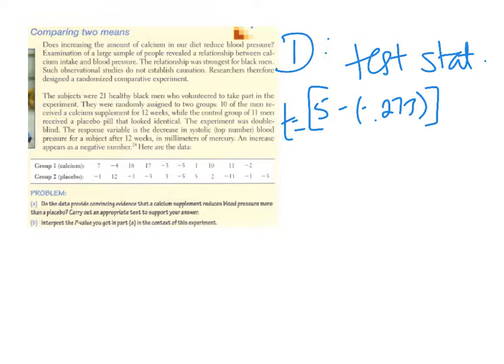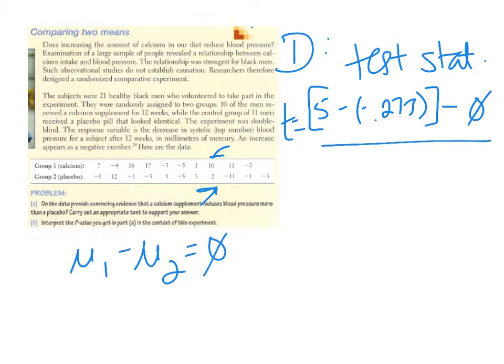If you look at your sample information and put this into one list and this into another list, you can do your 1-Var Stats, and it'll give you the mean and the standard deviation for each sample, right? And this is going to be minus 0 because mu1 minus mu2 should equal 0 for our null hypothesis.